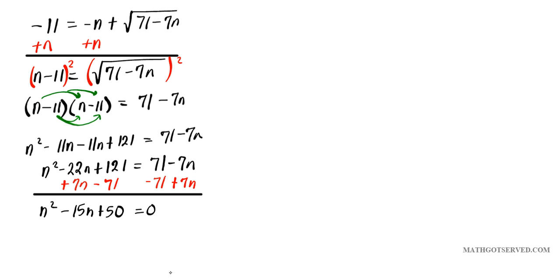All right, so let's go ahead and solve this. Let's try the X game first. AC goes on top, B goes on the bottom. In this problem, A is 1, B is negative 15, and C is 50.